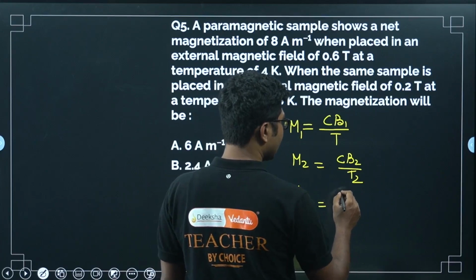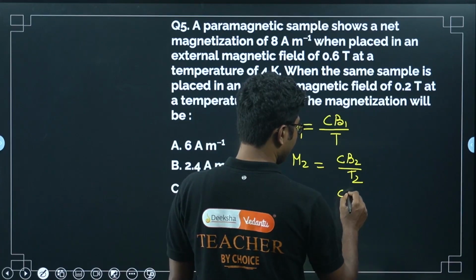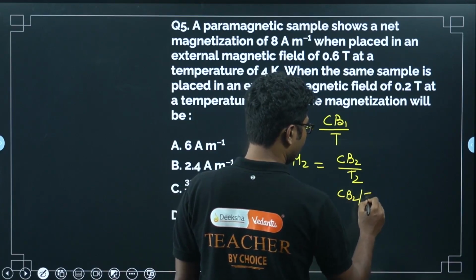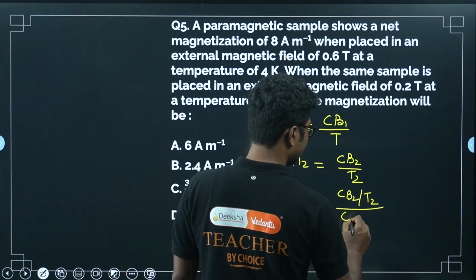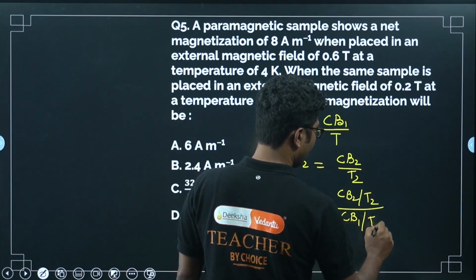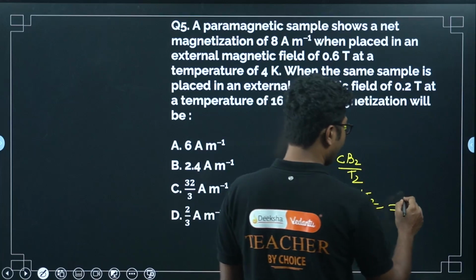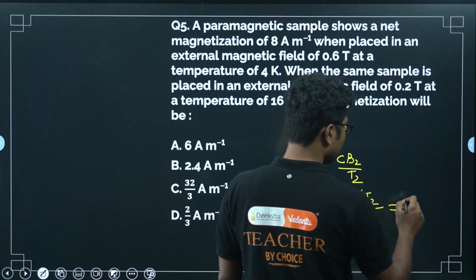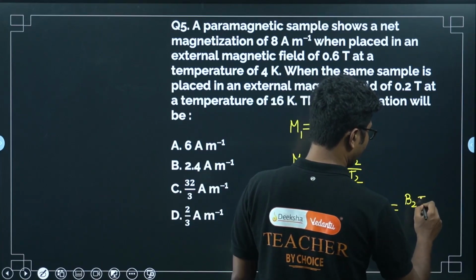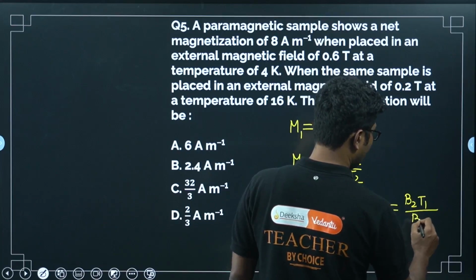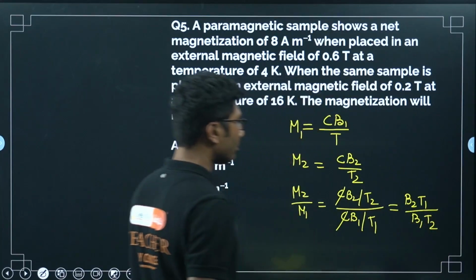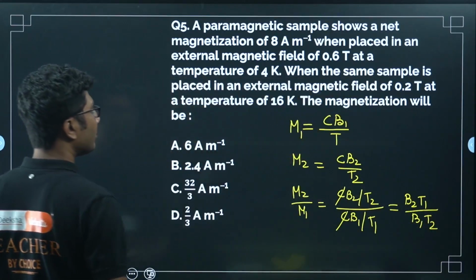We can write this as CB2 by T2 divided by CB1 by T1. So this T1 will go up and C cancels. So B2 T1 divided by B1 T2. Simple formula, right?